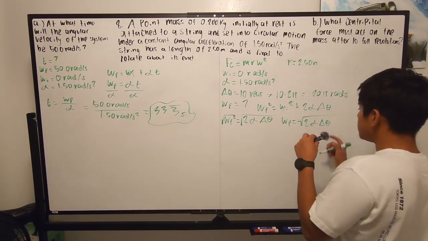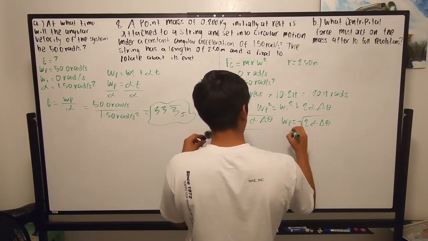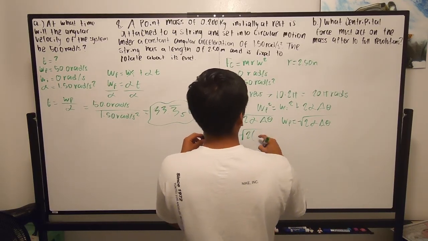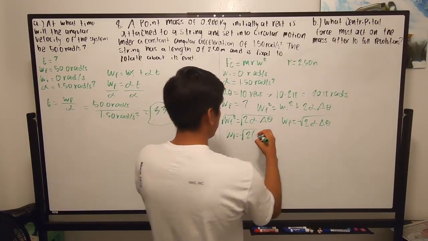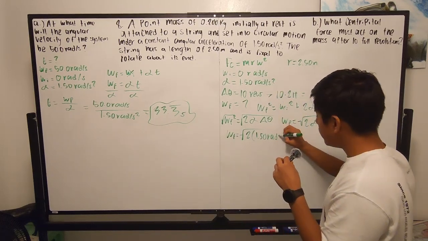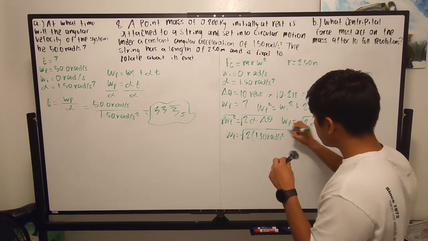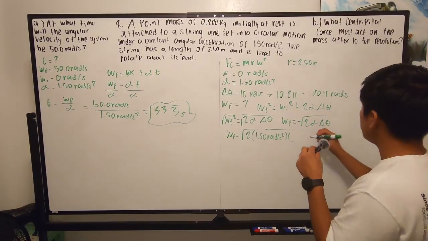Plugging in all my values, omega final is equal to the square root of 2, times alpha, which is 1.5 radians per second squared, multiplied by delta theta, which we know is 20 pi radians.